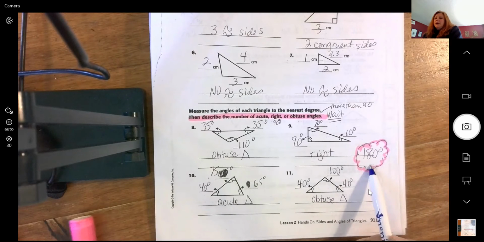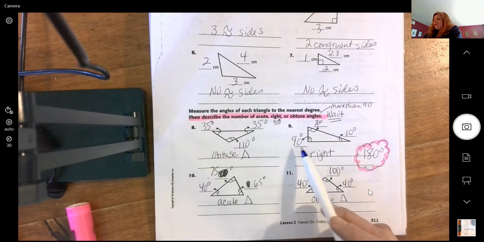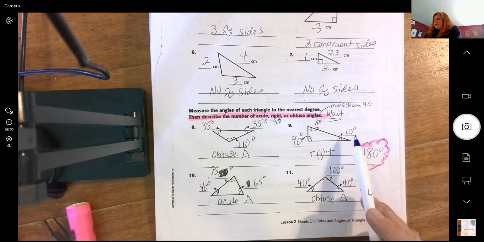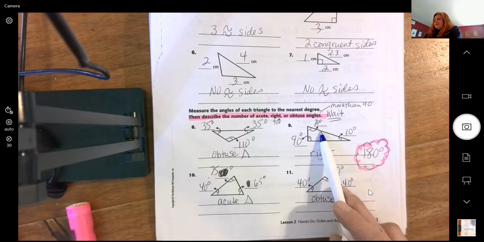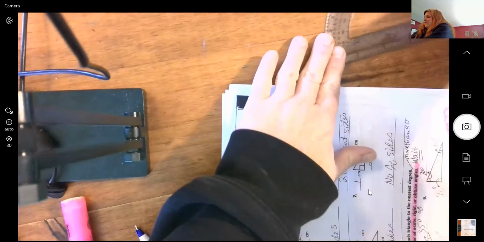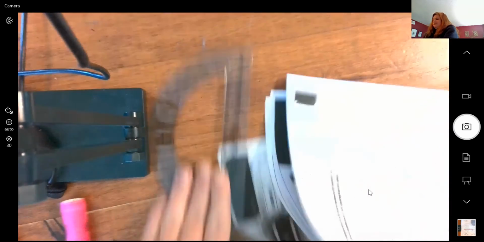If they don't, you might have made a mistake somewhere. So I'm going to go ahead and look. Oh, I see an error right here. Look, 90 and 110 is 170. So I'm going to check my angle and see if I made an error, which happens all the time.